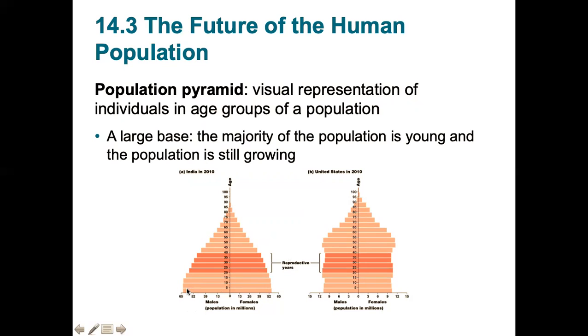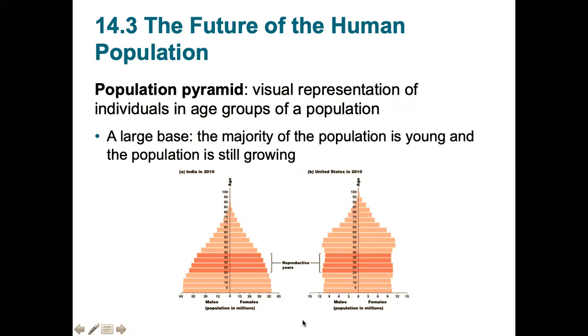And so the fatter means that there are more people in that particular age category. So this one has a very young population, whereas this one, the average age is going to be a little bit older than this one.